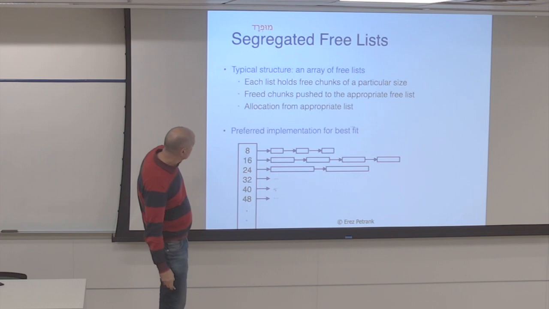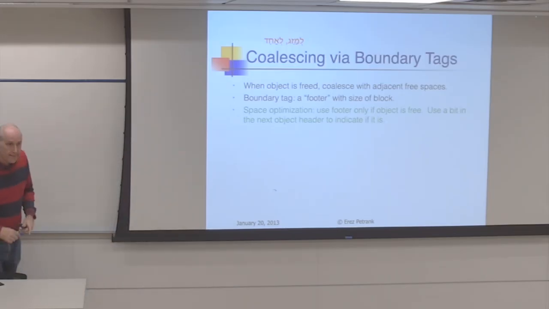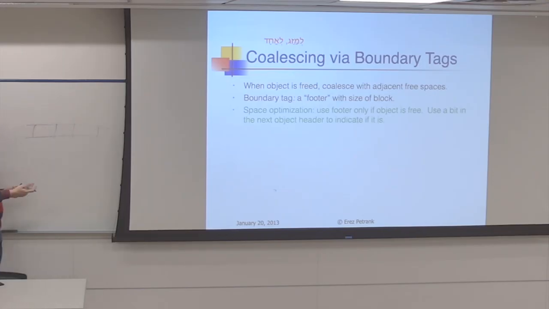Is there a picture? No. Okay, no picture. So I will do the picture. So you are freeing an object in the heap, and before it and after it, there could be free or used objects. So you want to know if you can coalesce them to a single free space.